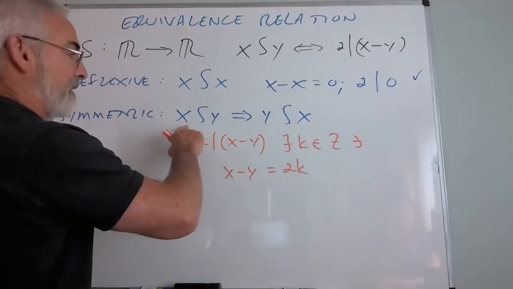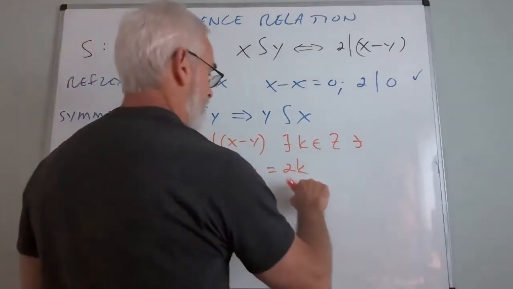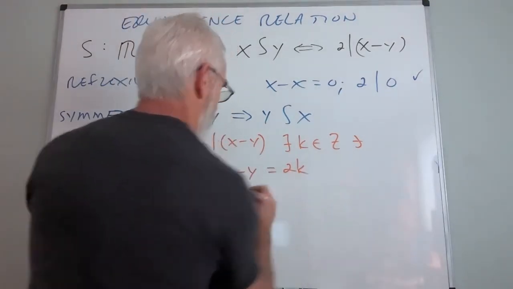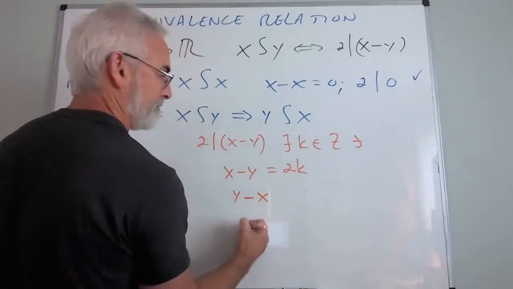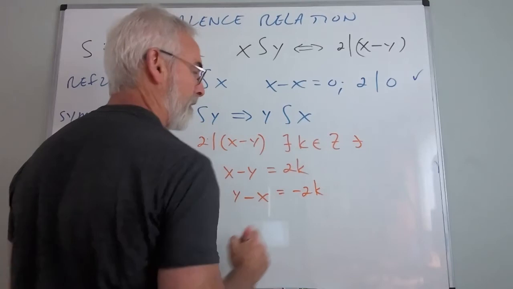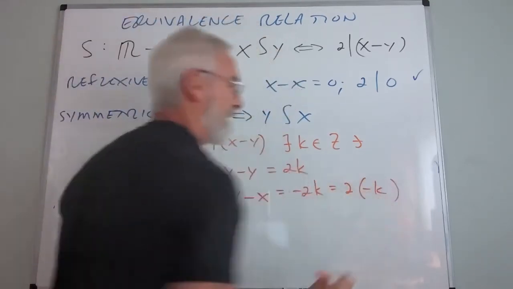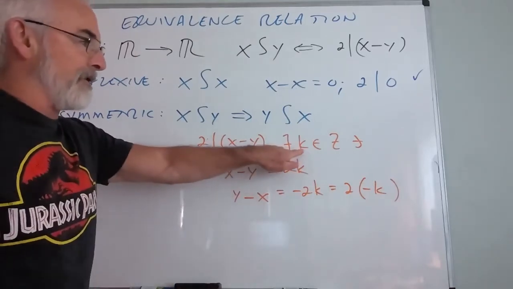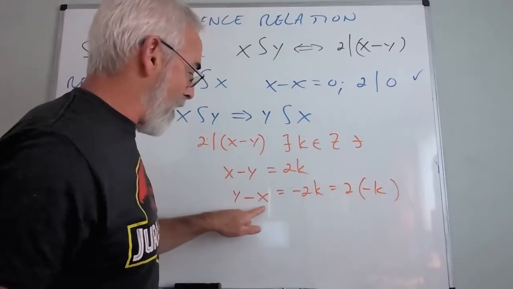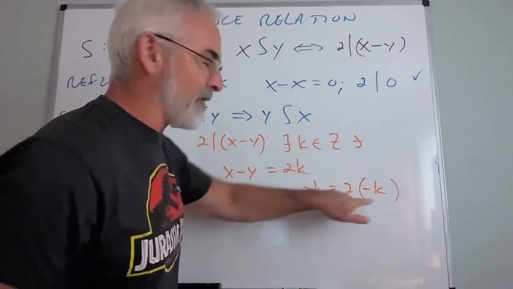So this is what it means. If this is true, then what is true? If X minus Y equals 2K, then what about Y minus X? Well, that would be negative 2K, which is 2 times negative K. And if K is an integer, negative K is an integer, and what do I have here? Y minus X is 2 times an integer.